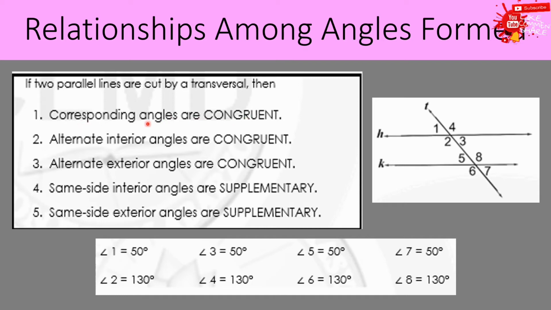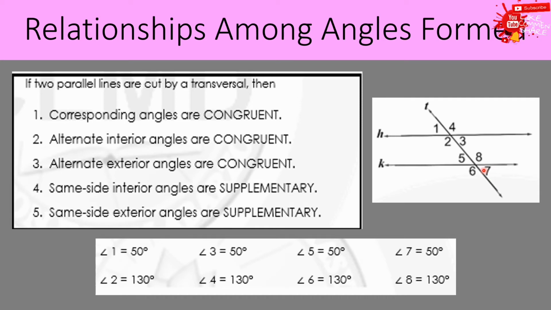When we say corresponding angles are congruent, based from this figure, what are the corresponding angles? Corresponding angles are angles that are on the same side of the transversal, one is in the interior and one is in the exterior. Let's say, for example, angle 1 and angle 5. They are corresponding angles. Angle 4 and angle 8. They are corresponding angles. Angle 2 and angle 6. Angle 3 and angle 7.